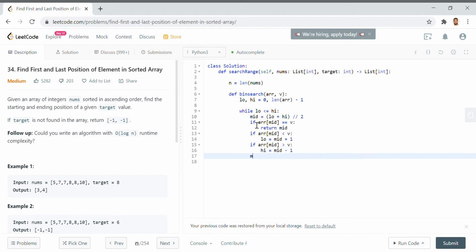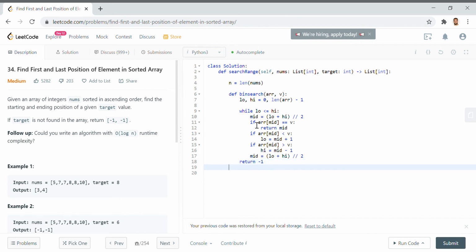And then we update mid, so mid equals low plus high, floor division over 2, and we continue to run that algorithm until we've located our integer or the element we're looking for. Otherwise, we will return -1.